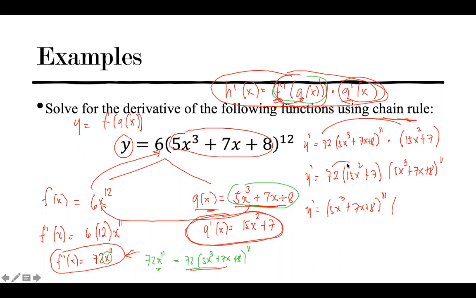And distribute 72 times 15, I believe that will be equal to 1080x squared. And you multiply 72 times 7, it will be equal to 504. So then the derivative of your y is equal to this, and these are the steps using chain rule differentiation.